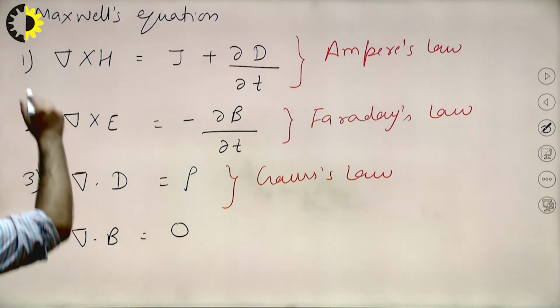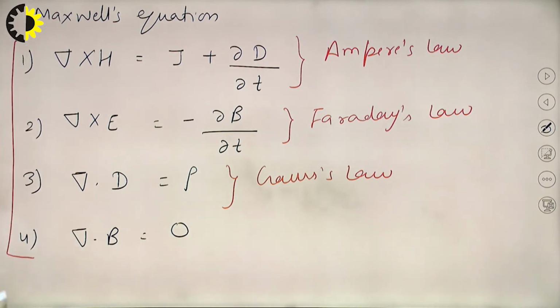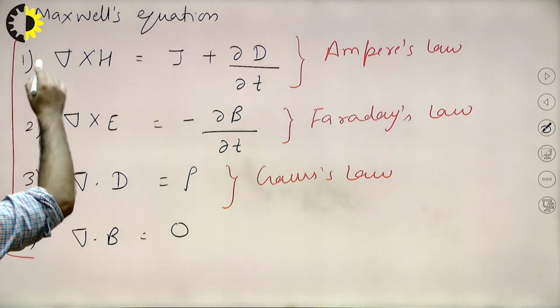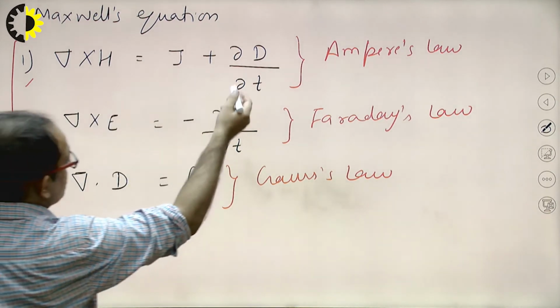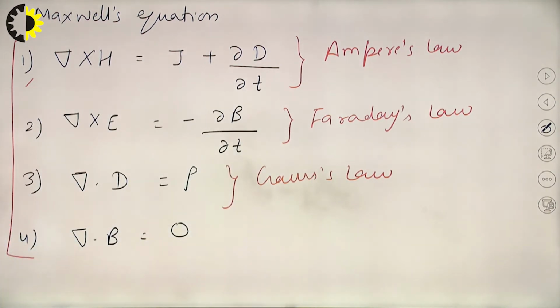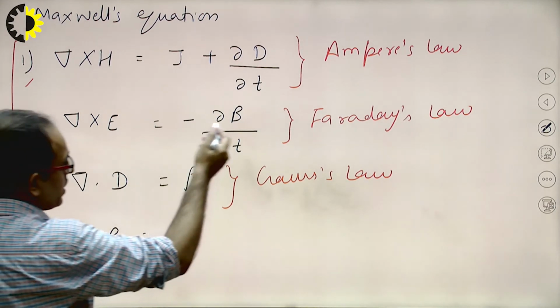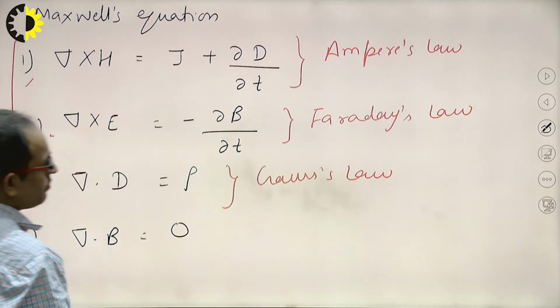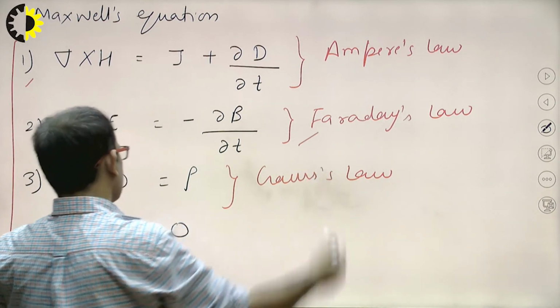Now see, these are the Maxwell equations we have discussed in the EMFT subject. The first Maxwell equation is Ampere's law, that is del cross H equals J plus del D by del t. The second Maxwell equation is del cross E equals minus del B by del t, known as Faraday's law.